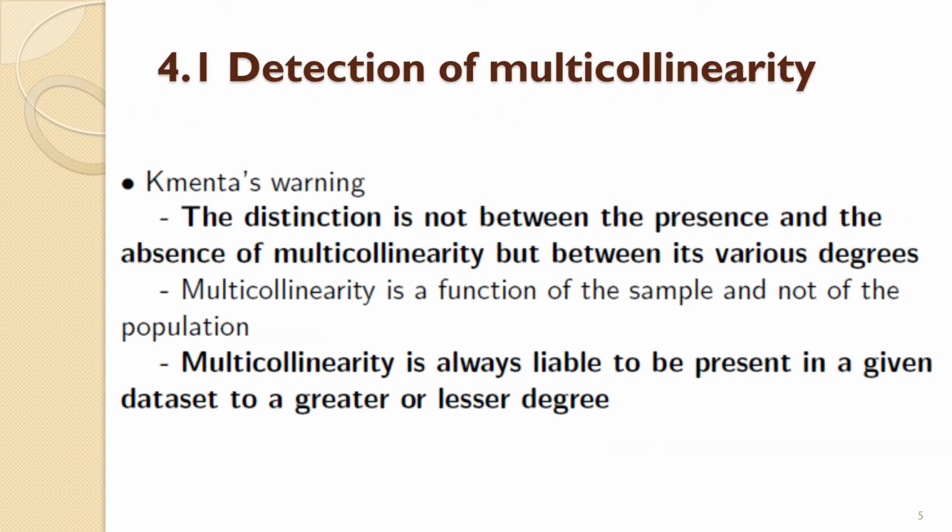In terms of detection of multicollinearity then, there's something here called commentator's warning, from the Economist. According to commentator's warning, the distinction is not between the presence and the absence of multicollinearity, but its various degrees. And I think the important thing to recall here is that multicollinearity is just an imperfection with the data that you were able to collect.